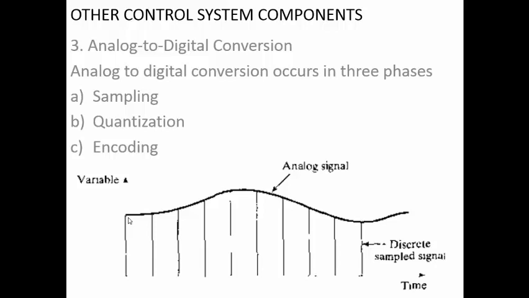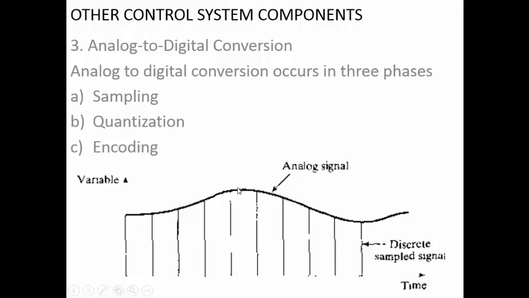So that 4-bit information will contain the value of the signal at that particular time. So correspondingly at various times the measured value will be quantized to a particular level, and that corresponding binary number will be the encoded value for that particular signal.